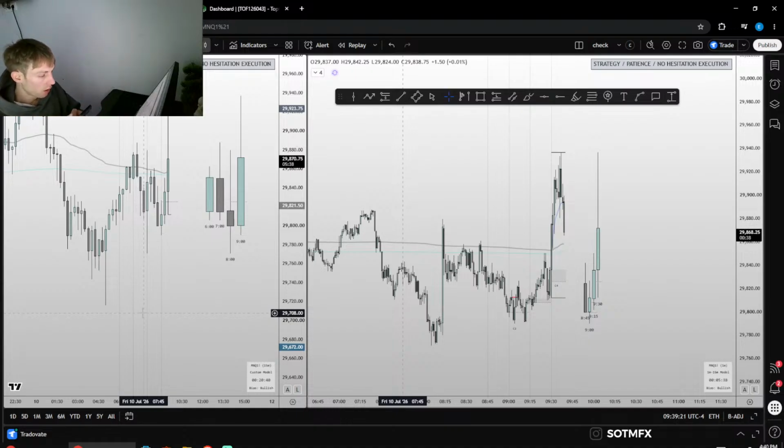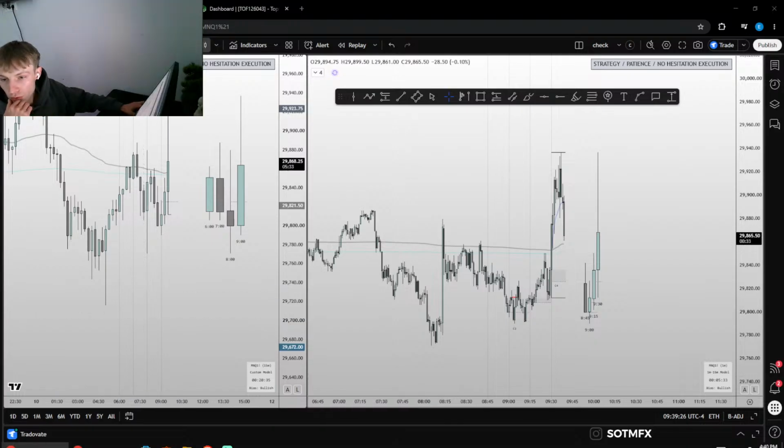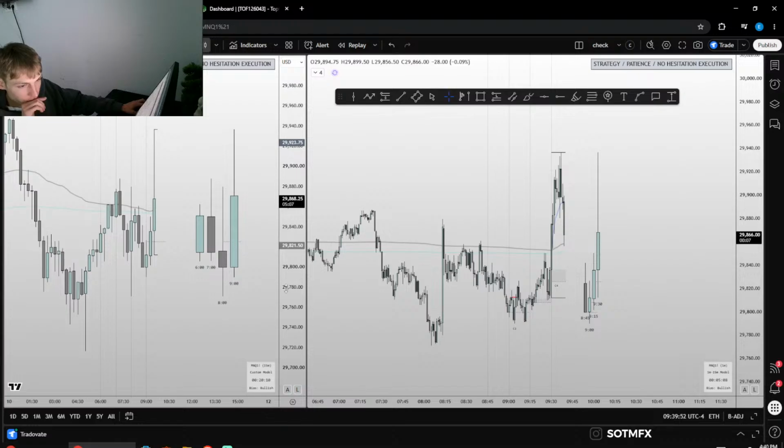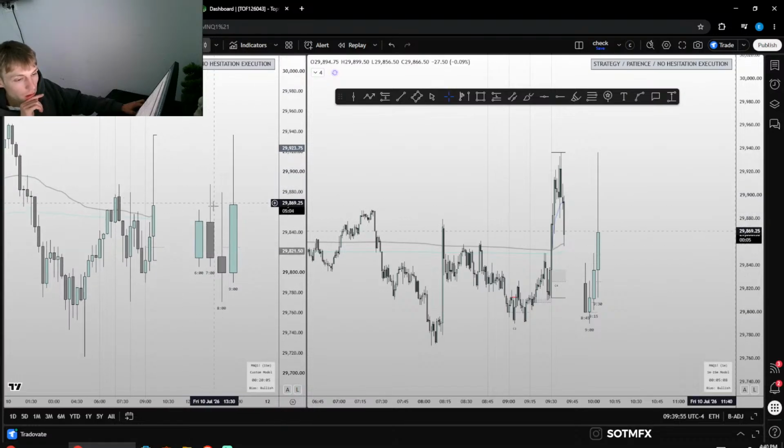Alright, so waiting for the opening range to set first, and then we'll look for trades. All right, we do sweep the 1 hour candle high.